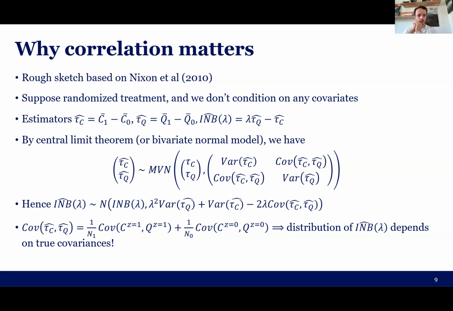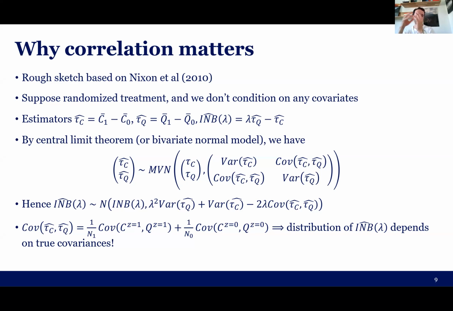Then, as most people are probably aware, we can just estimate these treatment effects by taking the sample means in each treatment group. So C1 with that bar over it is just a sample mean in treatment 1, the same for treatment 0 and the same for the qualies. Then we can take these point estimates and plug them into the incremental net benefit formula, and get an estimate for incremental net benefit.